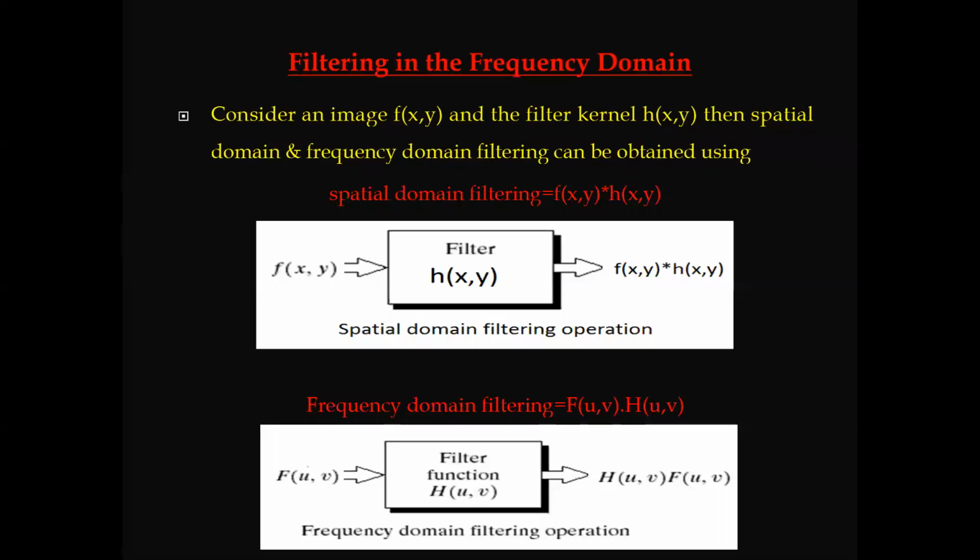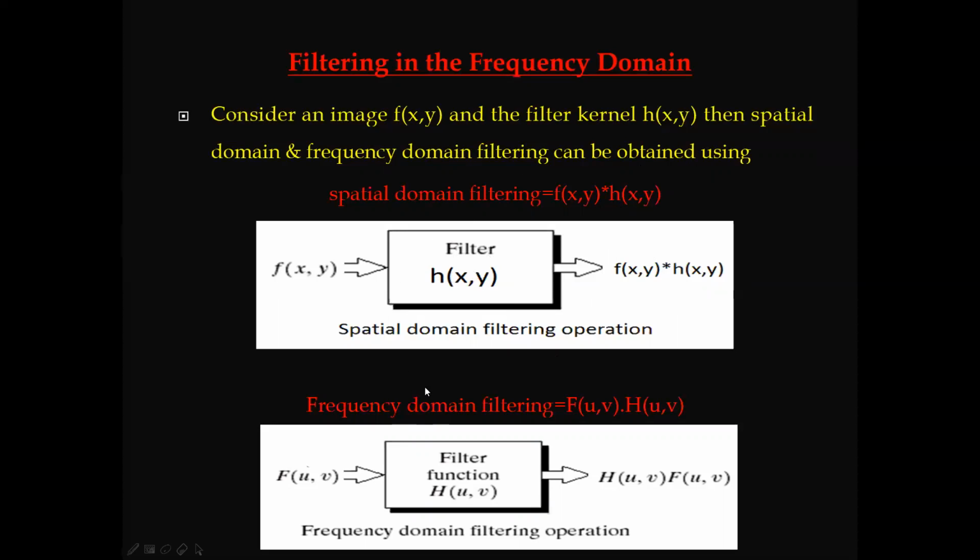Then spatial domain and frequency domain filtering can be obtained using the following two block diagrams. In the first block diagram, the input is f of x comma y, the filter is h of x comma y, and the output is f of x comma y convolved with h of x comma y, that is in the spatial domain.